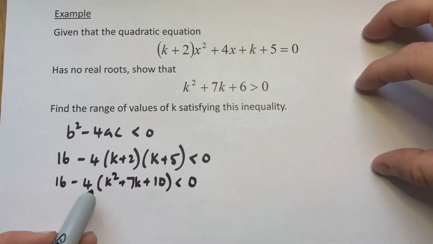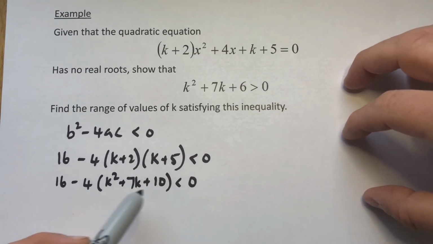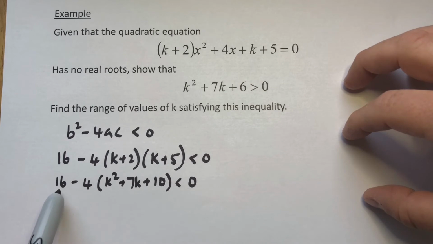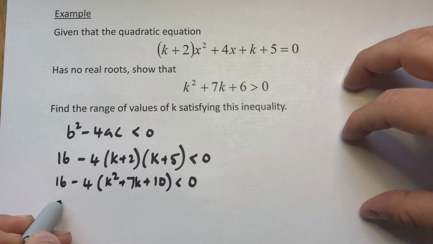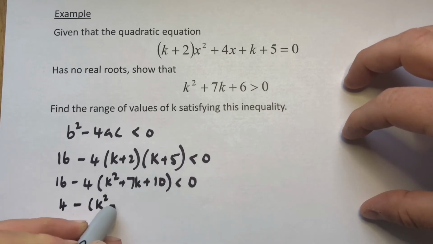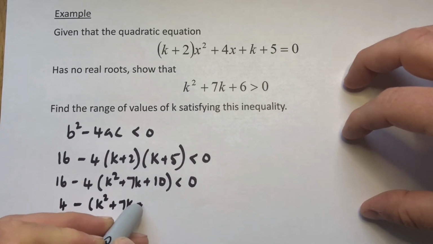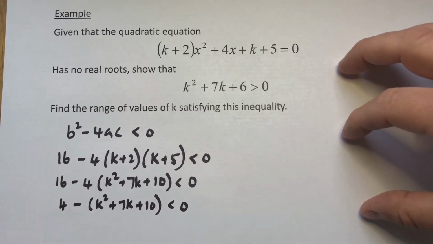Now we could times everything by 4 and tidy up. However, I know that with that being a 16 and 0 on the other side there, I can divide everything by 4 and make life a little easier. So 4 goes into 16 4 times, it goes into it once. However, I keep the bracket in place there until I'm ready to tidy up completely. So there I've got minus k squared.